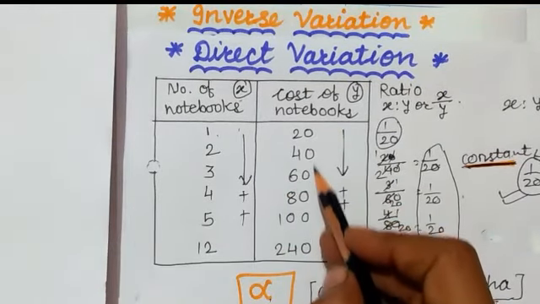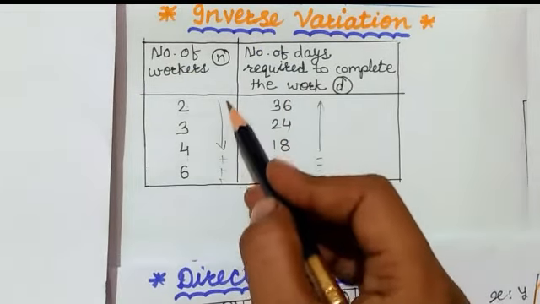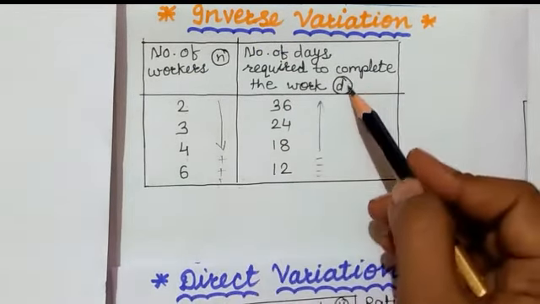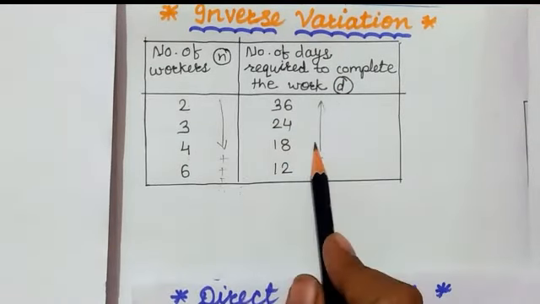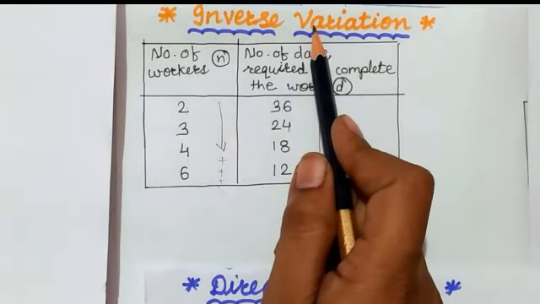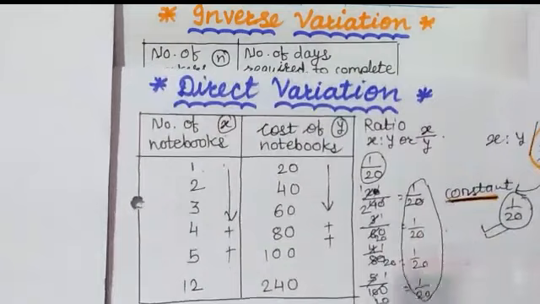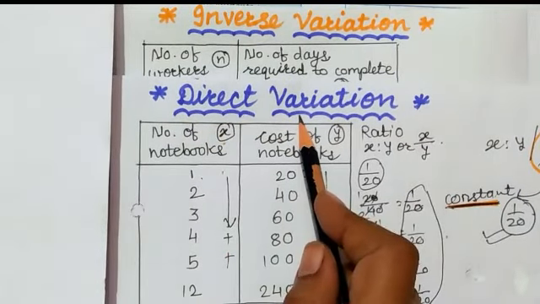The cost of notebooks is also increasing. In inverse variation, the number of workers is increasing, the number of days is decreasing. So if there is a change in two ways, then it will be considered as an inverse variation. If both the numbers are increasing, then that will be the direct variation.